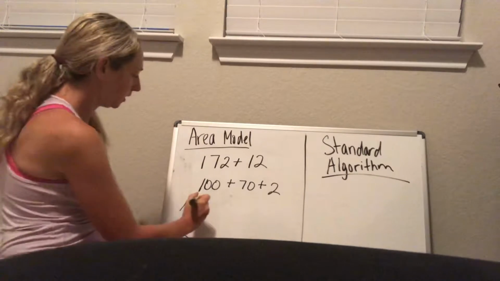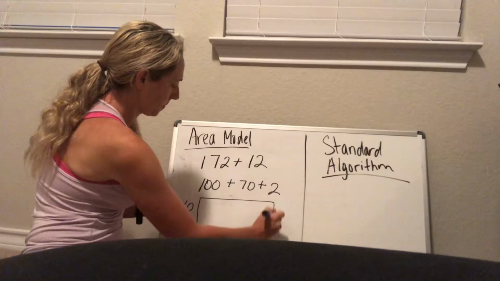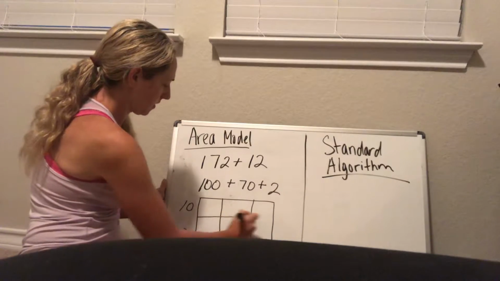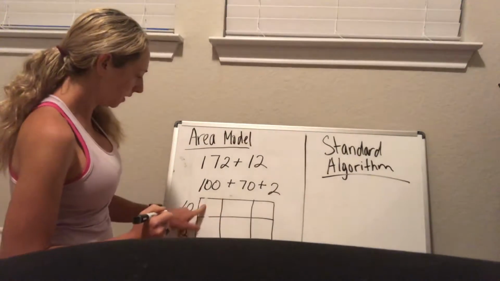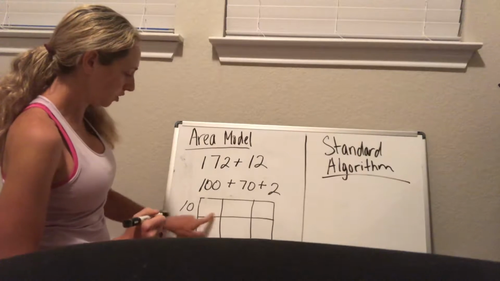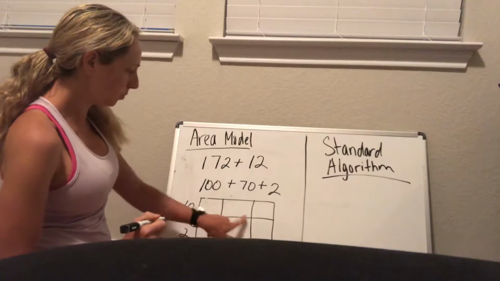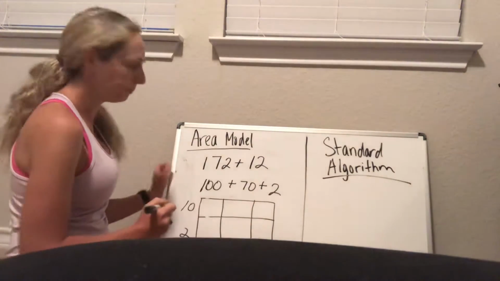And I'm going to create my rectangles. So essentially this one is 100 by 10, this one is 100 by 2, 10 by 70, 2 by 70, 10 by 2, and 2 by 2.